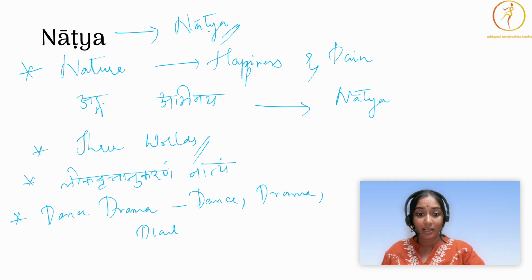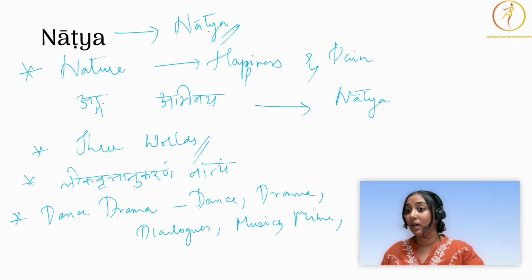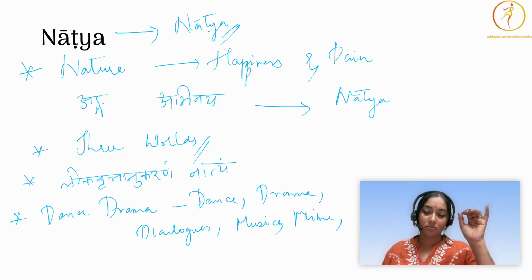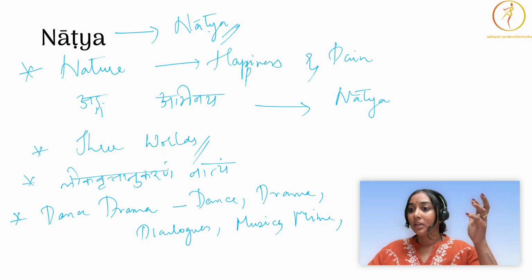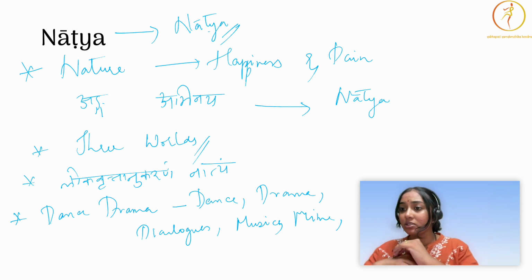There are dialogues, there's music, there's mime, there's also the art of making stage props, and so forth. That is Natya. What else is defined? Art mirrors the reality. That is defined in Natya.